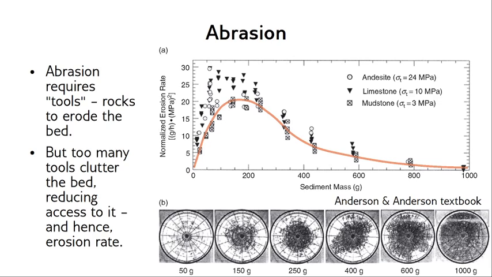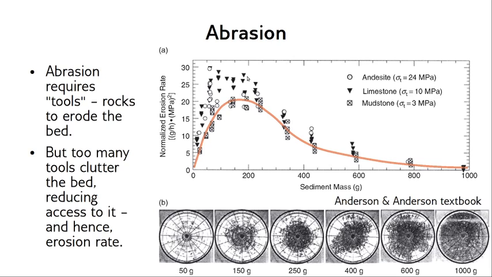And in this experiment, three different kinds of rock were used, and these are the tensile strengths. So sigma sub t is the tensile strength, and you can think of that as a stress that's related to the cohesion of that material. Mudstone is the weakest, and so you can see the mudstones are generally plotting over in here, right?